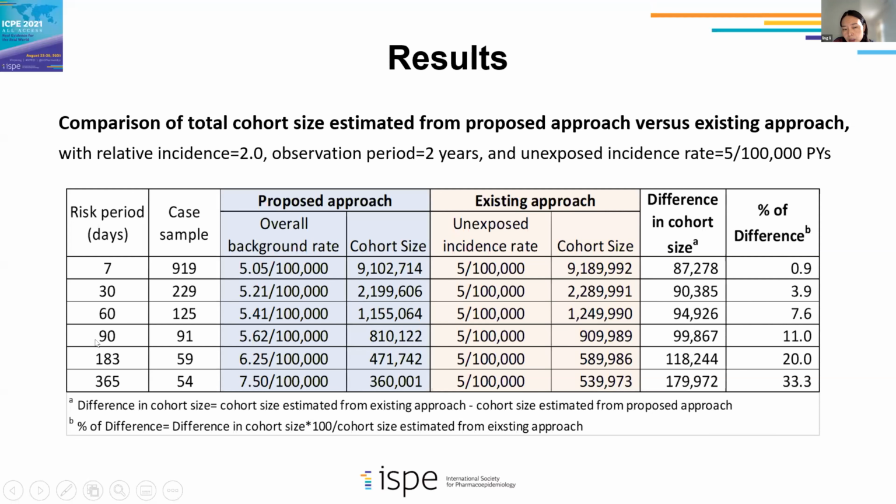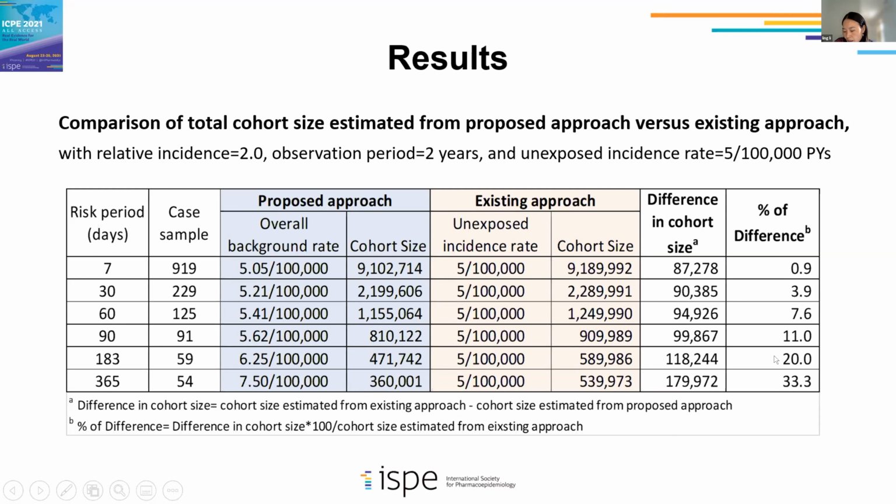If the risk period is longer, at 1 year, and the case sample is 54, using the proposed approach, the required cohort size is 0.36 million, and using the existing approach, it is 0.54 million, which is around 0.18 million patients less, around a 33% decrease.